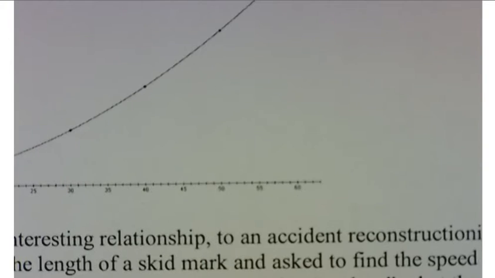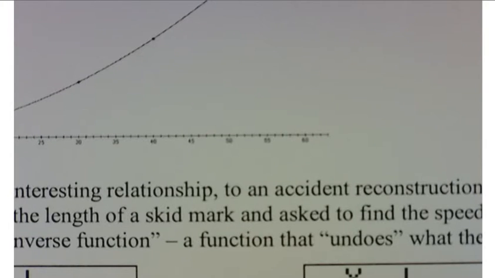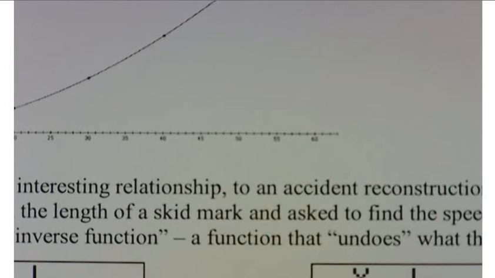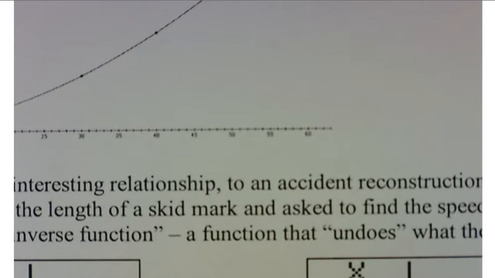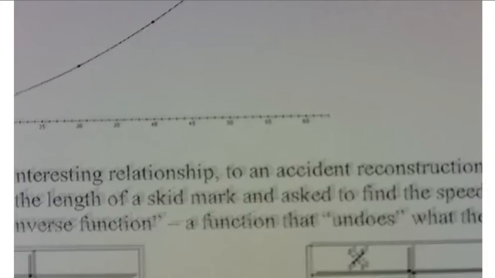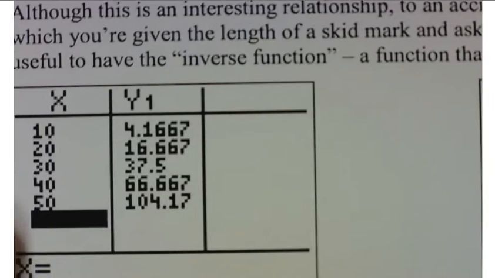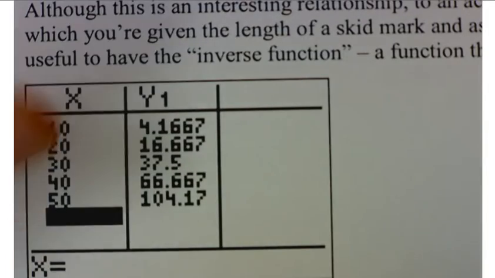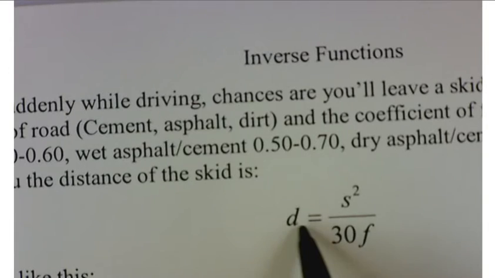So I put in some numbers here, and for various speeds, you get the associated length of a skid mark. Now, one thing I want you to keep in mind is that the distance is proportional to the square of your speed.